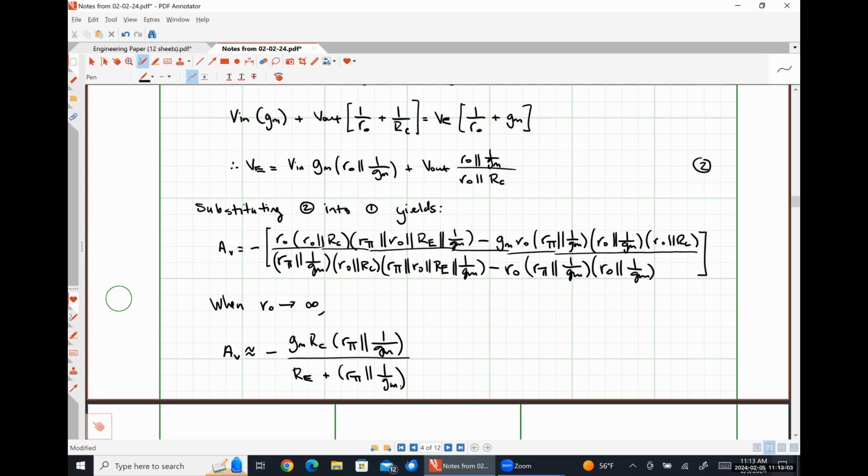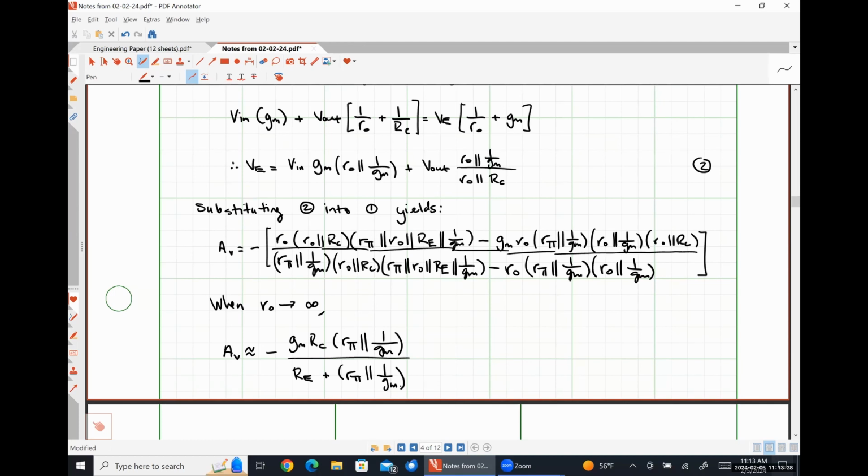So how does this compare to a common emitter amplifier without emitter degeneration? Well, in the case of a common emitter amplifier without emitter degeneration, our gain was effectively just negative GM RC if R naught was also taken to trend towards infinity.